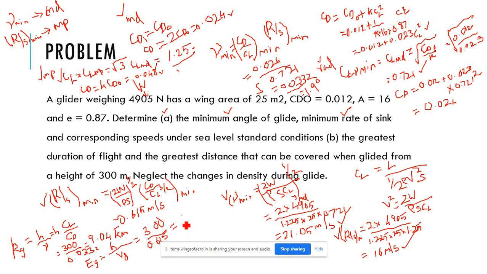So the answer will be 487 seconds. So this is how we need to find the value. Simply we need to remember one or two formulas only. With those formulas we can easily solve that sum.